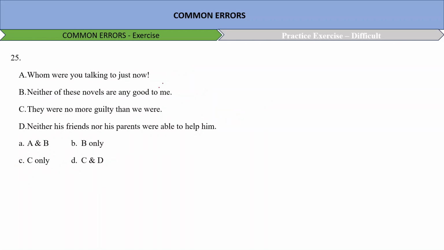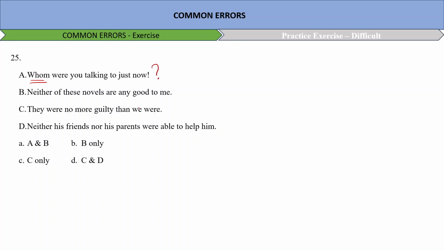Next, whom were you talking to just now? Neither of these novels are any good to me. They were no guilty than we were. Neither his friends nor his parents were able to help him. Now in this question, when you read sentence A, whom were you talking to? Don't you think whom should be used with a question mark?